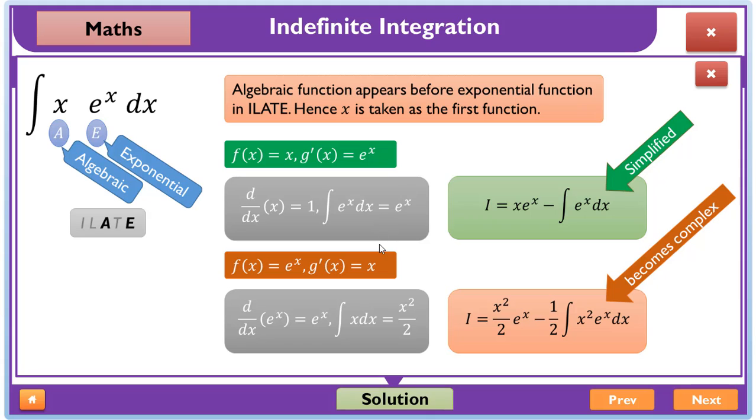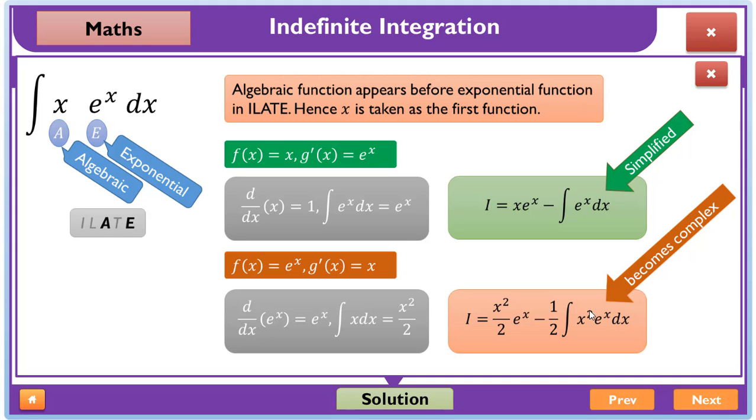Now consider the contrary. If we take f of x as e to the power x and g dash of x equal to x, then the derivative of e to the power x will be e to the power x itself, and the integral of x will be x square upon 2. After putting these values in the formula of integration by parts, it becomes x square e to the power x upon 2 minus 1 by 2 times the integration of x to the power 2 e to the power x dx.